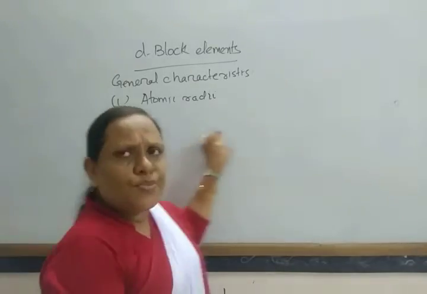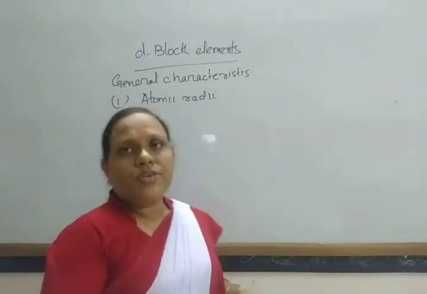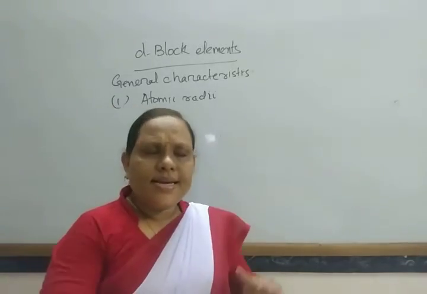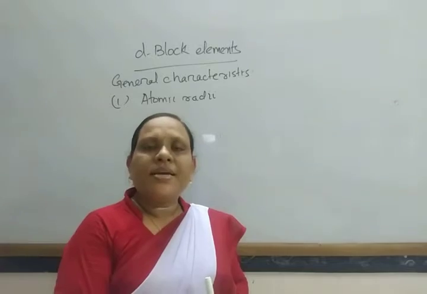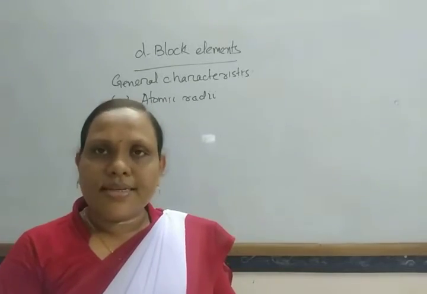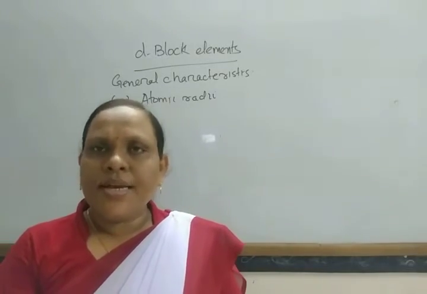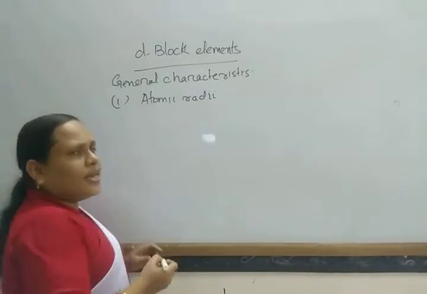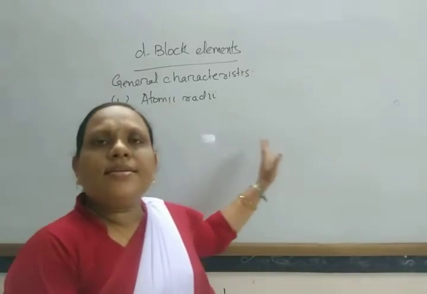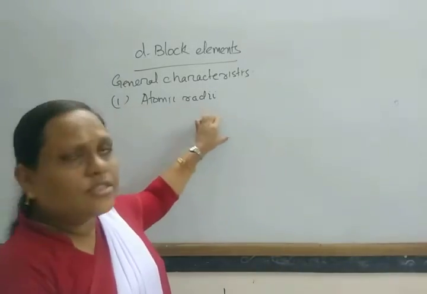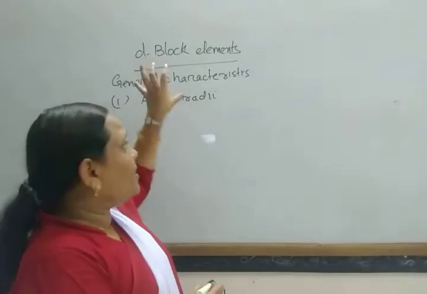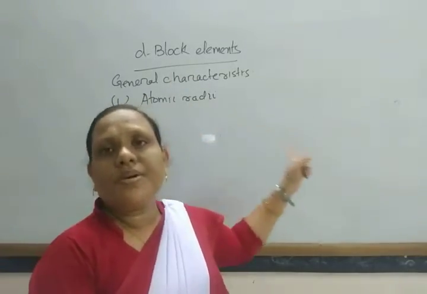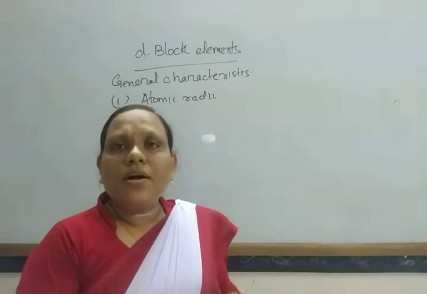As we move along a period from left to right, in general cases the atomic radius decreases. Why? Due to increase in nuclear charge. So the atomic radius of transition elements generally decreases from left to right, but this is not regular.